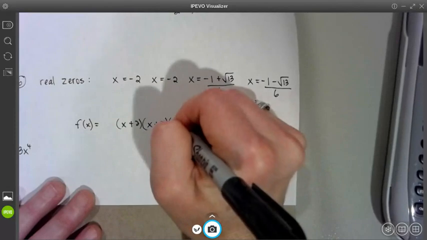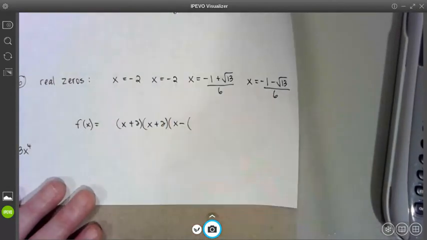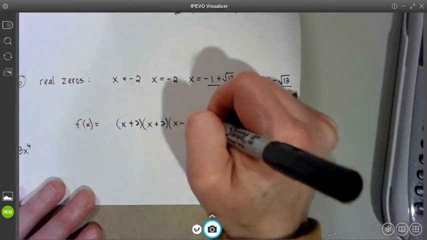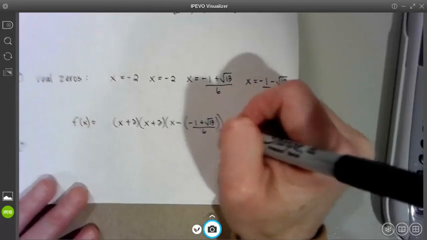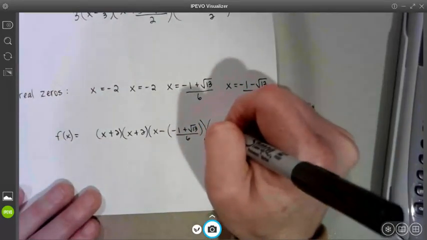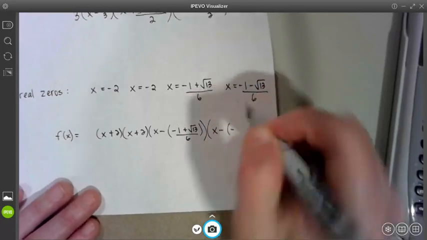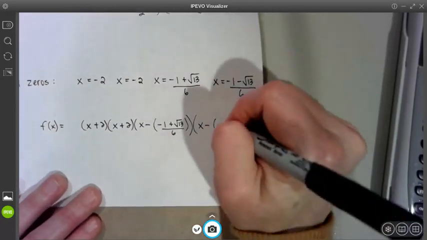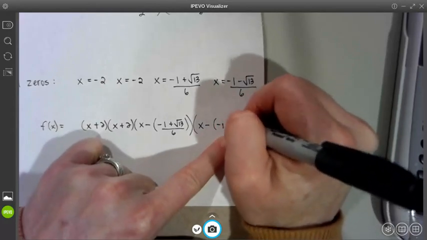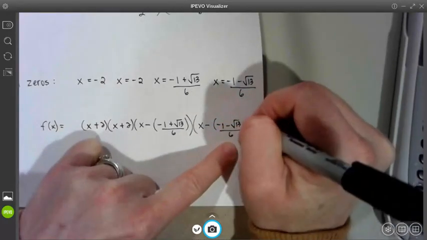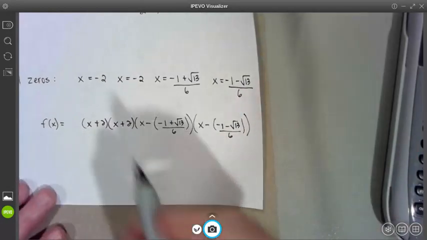And then this one's going to be x minus, in parentheses, -1 plus root 13 all over 6. And then x minus, in parentheses, -1 minus root 13 over 6. Okay, I'm just going to distribute my negative.